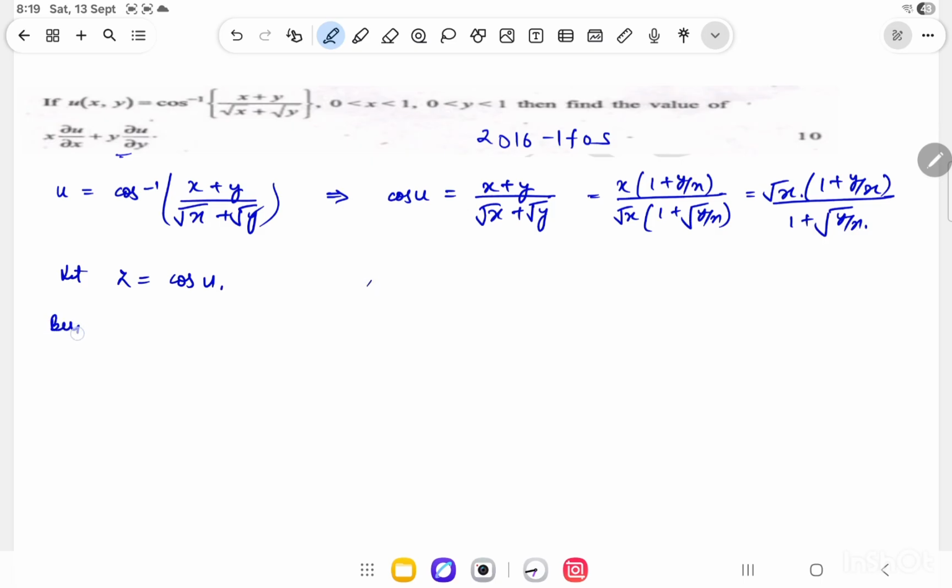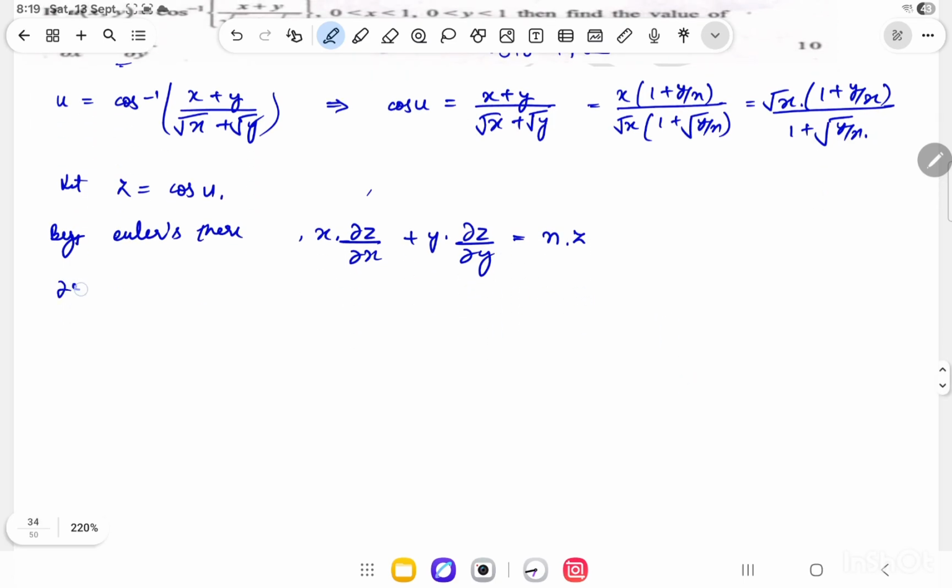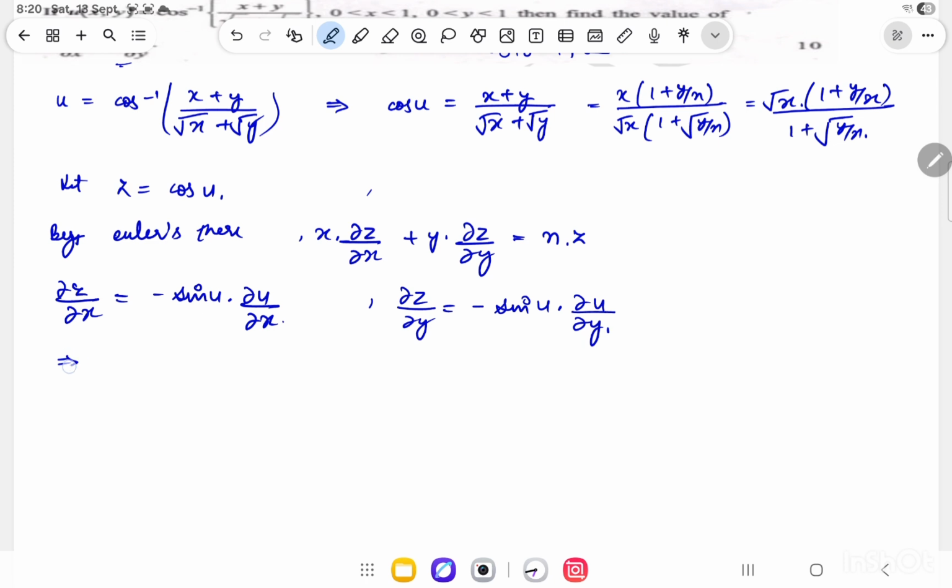So by Euler's theorem we have x into del z by del x plus y into del z by del y equals n into z. So let's calculate the value of del z by del x. That will be minus sin u into del u by del x, and del z by del y is basically equal to minus sin u into del u by del y. So let's substitute it here.